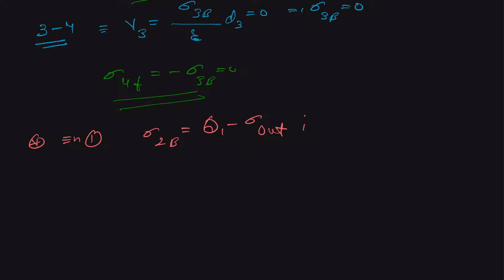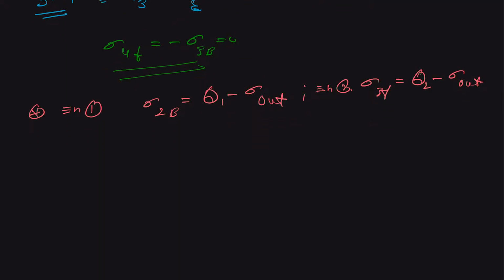And from equation 2, we can write that the charge density of the top will be equal to Q2 minus the charge density for the outer. And we already know that the charge density of the second bottom is equal to the negative of the charge density of the third top. So these two are equal but with the negative sign.